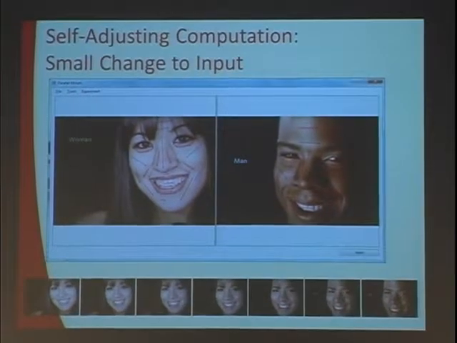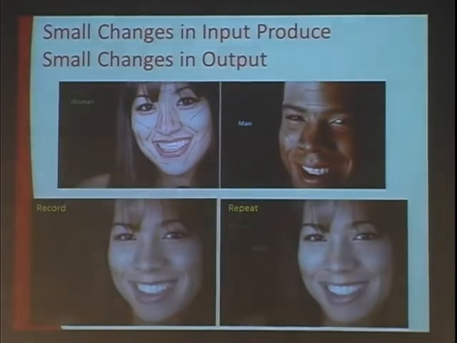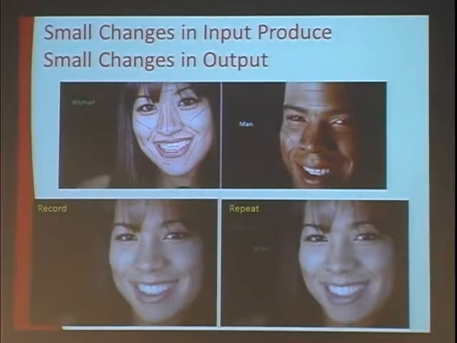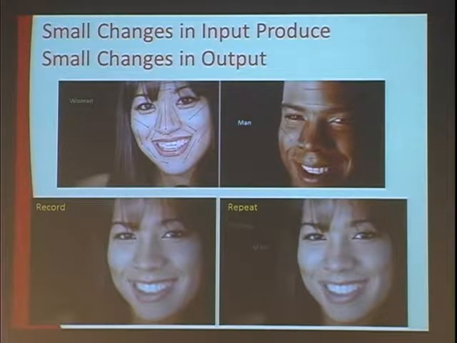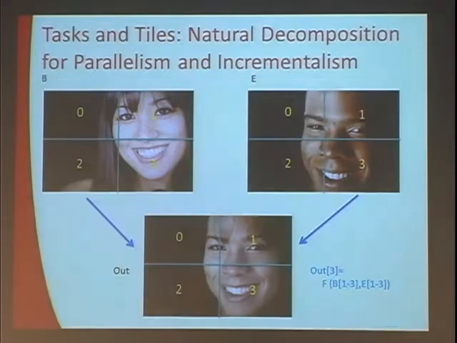There's a small change to the inputs, which yield a small change in the outputs, right? And if we're caching things properly, remembering intermediate results, we can reuse big parts of the computation. And we can even do a better job reusing it if they were done in parallel.